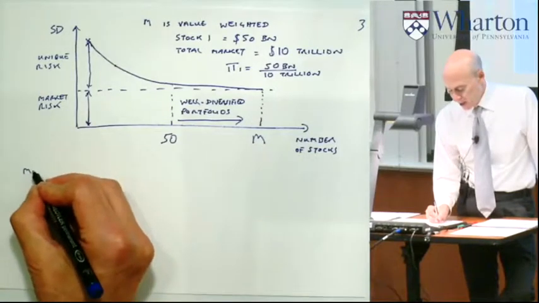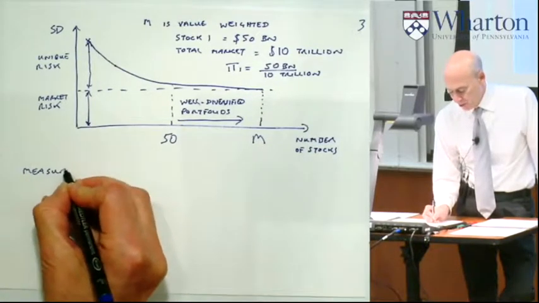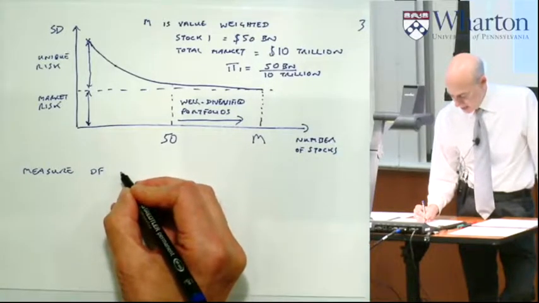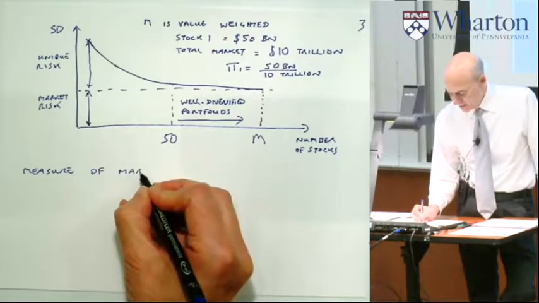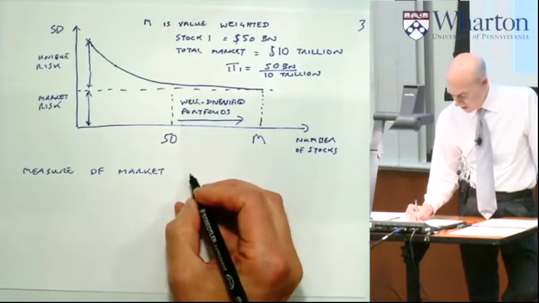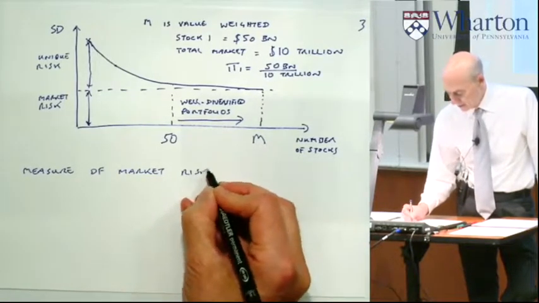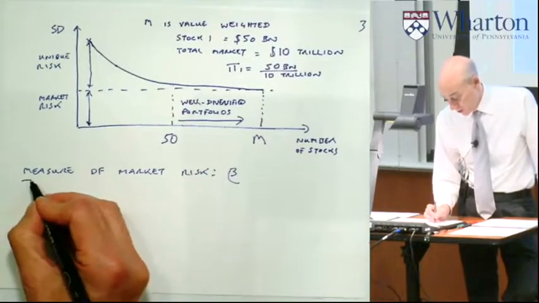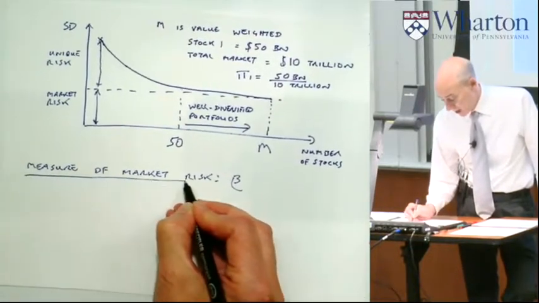And it turns out that our measure of market risk that we're going to be interested in is defined relative to M. That measure of market risk is beta, which we've talked about a number of times by now.